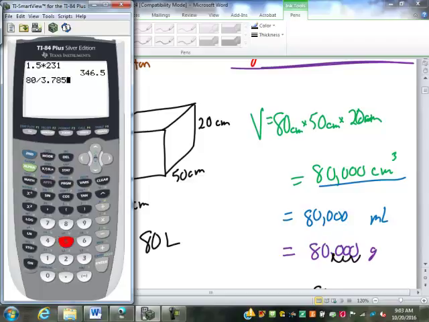A gram was defined to be the mass of 1 milliliter of water. So if this is water, that would be 80 liters. Why is it divided by 3.785? There's 3.785 liters in a gallon. So 80 liters is 21.14 gallons, just over 21 gallons.